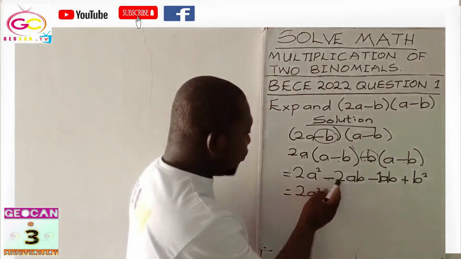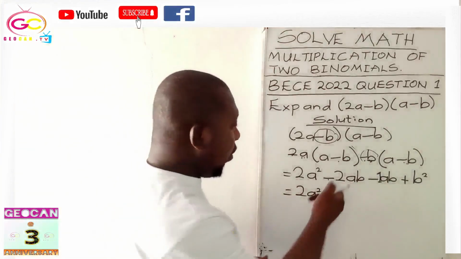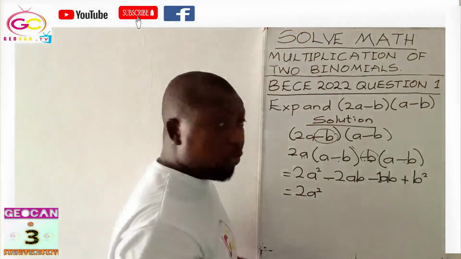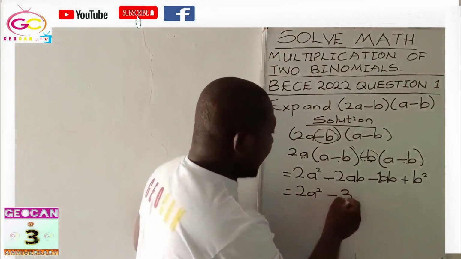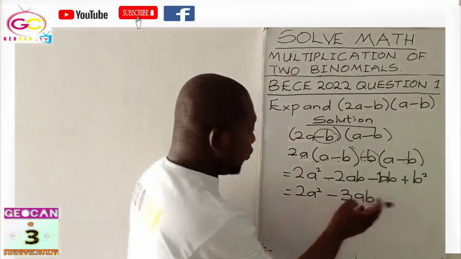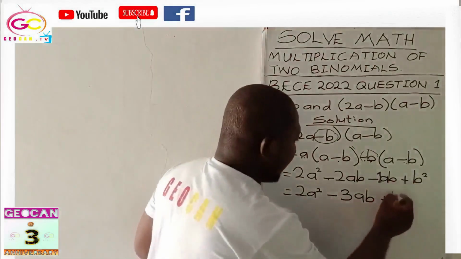So negative 2ab minus 1ab: you owe 2, then you owe 1 again, so you owe more, and it will be negative 3ab. It's just subtraction, so you join your ab. Plus you have b squared.